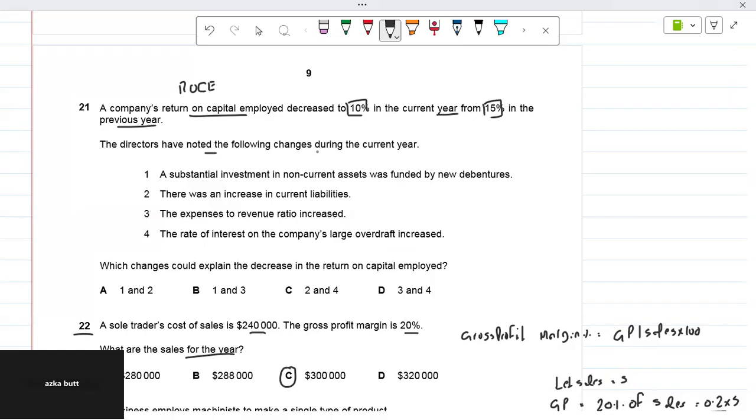Directors have noted the following changes during the current year. Which changes could explain the decrease in return on capital employed?